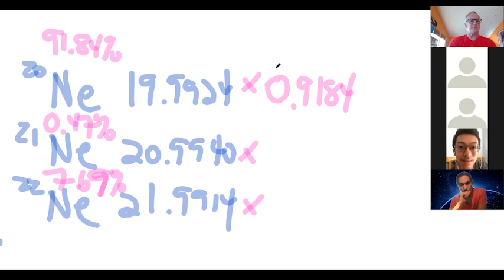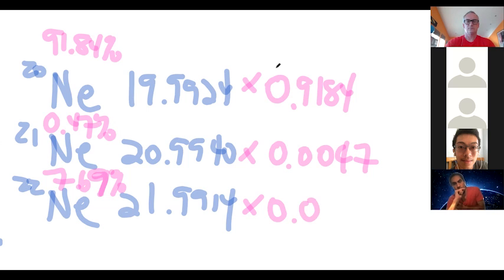What did we multiply the neon 21 by? 0.0047. Mm-hmm. And the last one? 0.0769? Are you sure? Remember, we're dividing by 100, so we move it 2 decimal places. 1, 2. Oh, yeah.